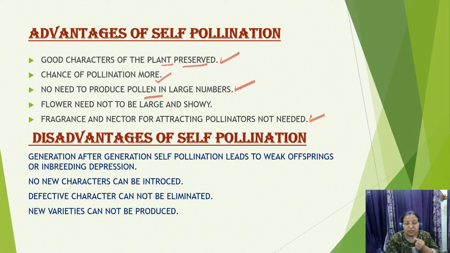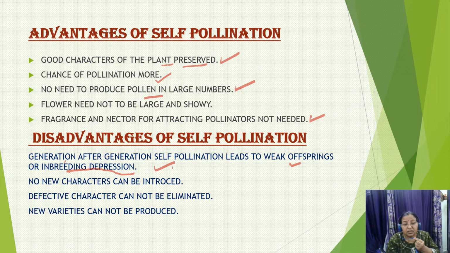Whereas the disadvantage is, if the plant is self-pollinating generation after generation, there will be inbreeding depression. Means there will be some characteristics which will be repeated and there will be loss of some characteristics.